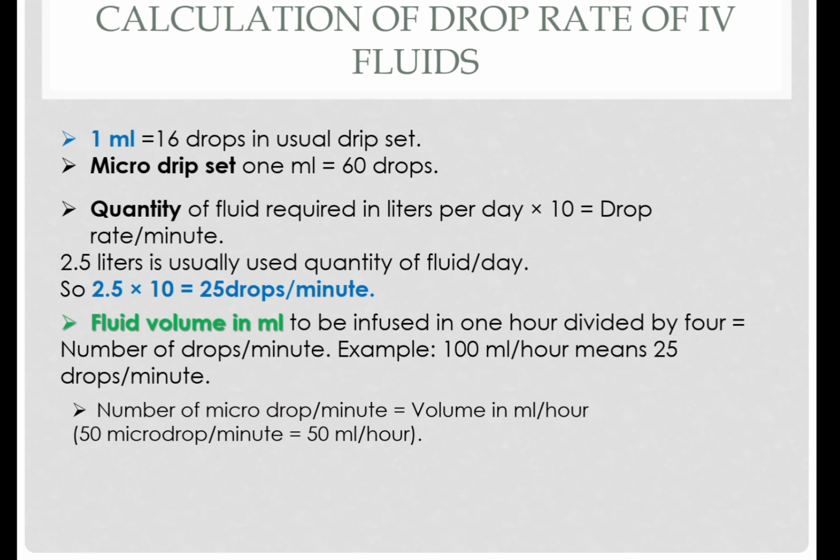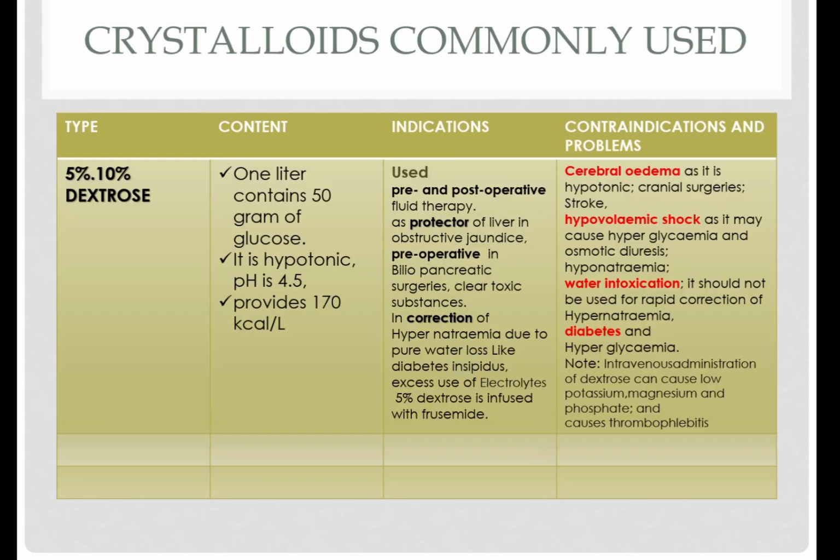So if we use the daily required 2.5 liters, then 2.5 times 10 is equal to 25. So 25 drops per minute we can give in 24 hours, so we can reach the target of 2.5 liters.